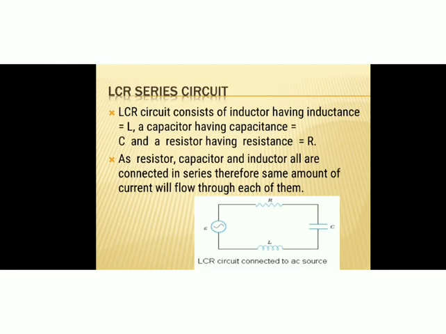The net EMF of the circuit will be the potential drop across R plus the potential difference across the capacitor C plus the potential difference across the inductor L. The potential difference across the resistor R will be IR as per Ohm's law, and the potential across a capacitor will be V equal to Q by C, and in the case of the inductor, it will be the induced EMF, and the expression for induced EMF is minus L into di by dt.